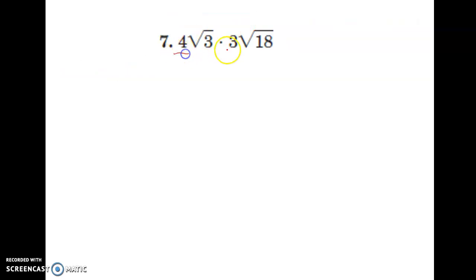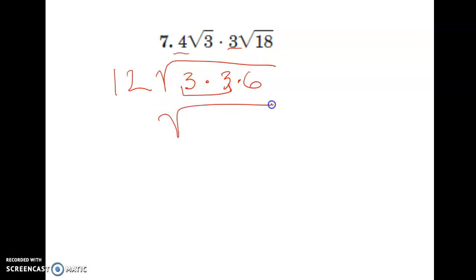We know that we can multiply the outside numbers together, so I have a 12. I have 3 times 18, so we can think about this a couple different ways. Remember, this is 3 times 3 times 6. So here I've just generated a perfect square of 9. 6 is not a perfect square, so I can take the square root of 9 out, which is 3.